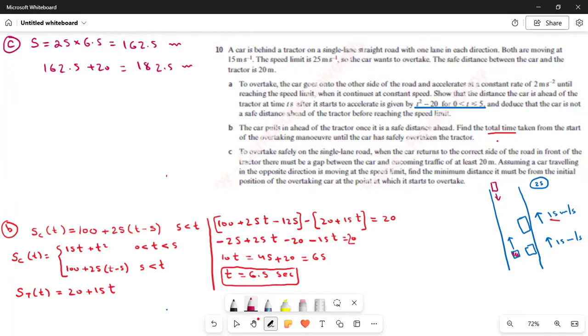Right? So how much distance has this car traveled? Okay, so the distance traveled by our car in 6.5 second. Okay, I will use, no, I'm sorry. I will use this formula, right, to calculate the distance. Okay, so it is 100.